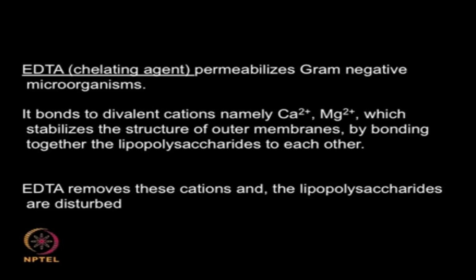So when EDTA removes these calcium and magnesium, the bonding of lipopolysaccharides gets disturbed, so they fall apart, and you create pores in the cell membrane. Any chelating agent which binds to this calcium and magnesium is a very good agent to create pores in the cell wall, and EDTA is one among them.